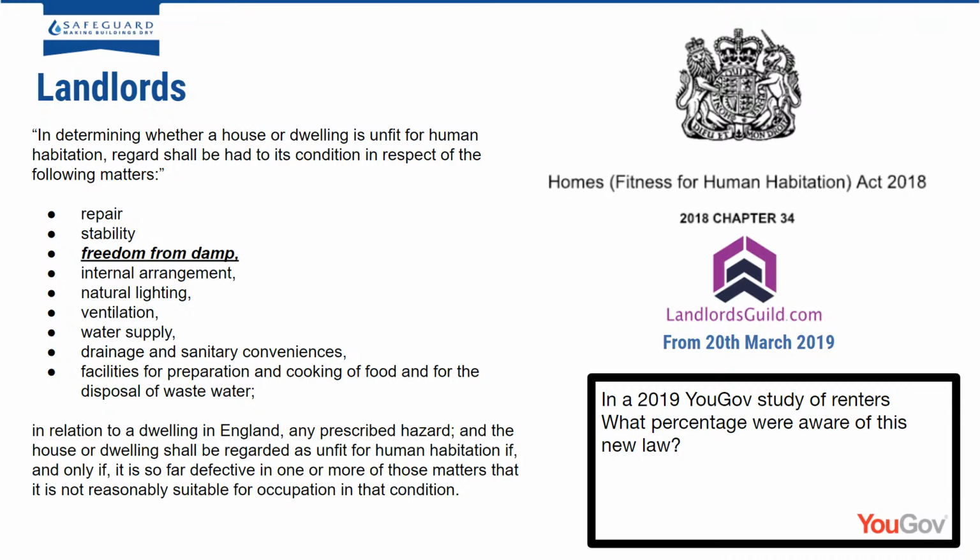Essentially, for any tenanted property that has damp, where the landlord is made aware of it, they must fix it. If they don't, this law allows tenants to take them to court, which they couldn't before. A YouGov study in 2019 looked at how many people were aware of this new law, and at the time only a third were. I imagine it'll be a lot higher now as it becomes more known.